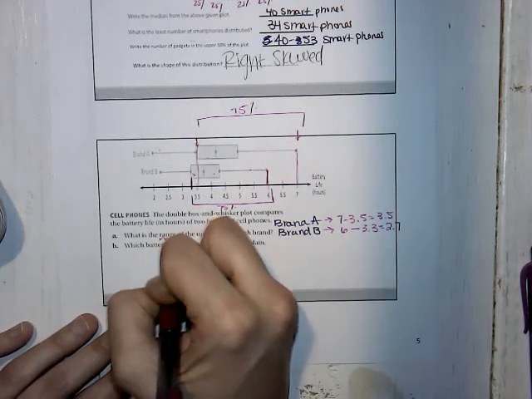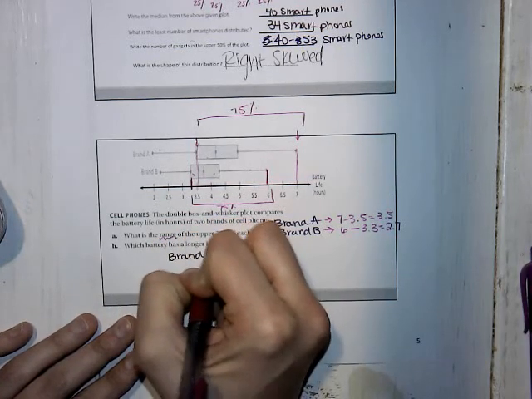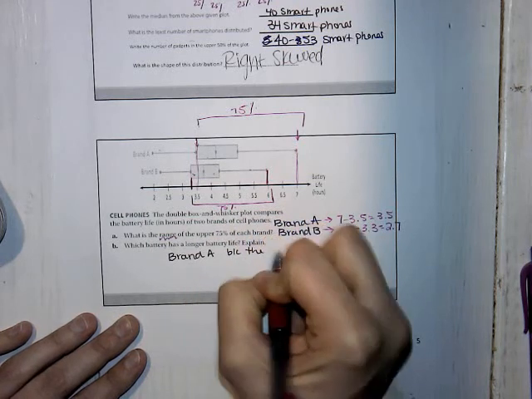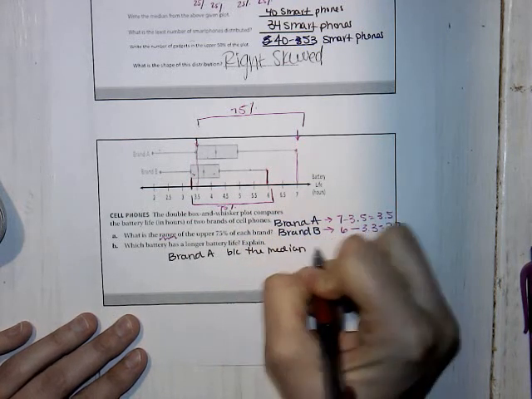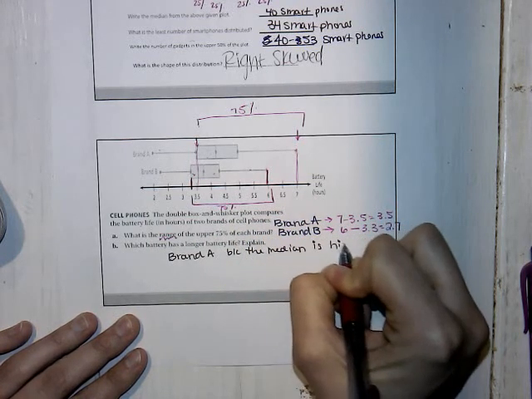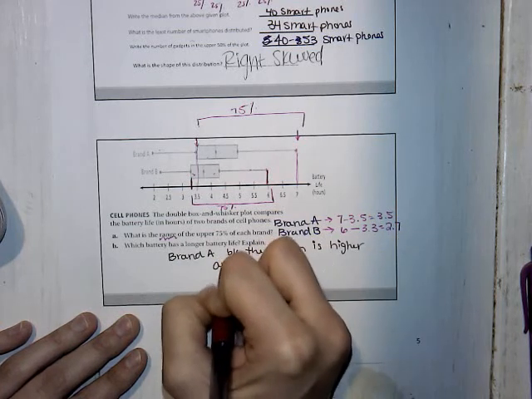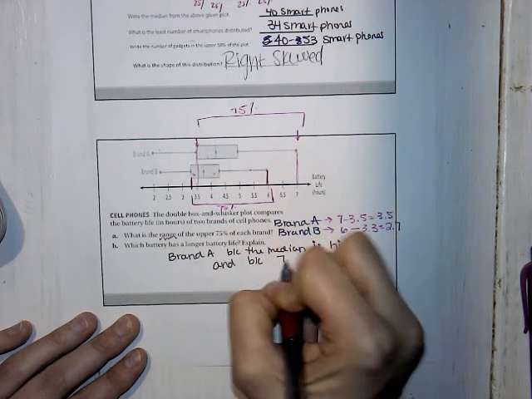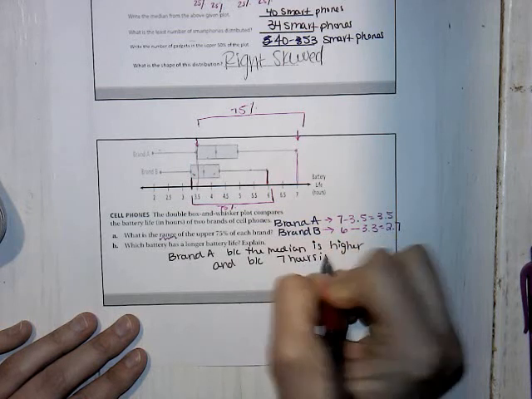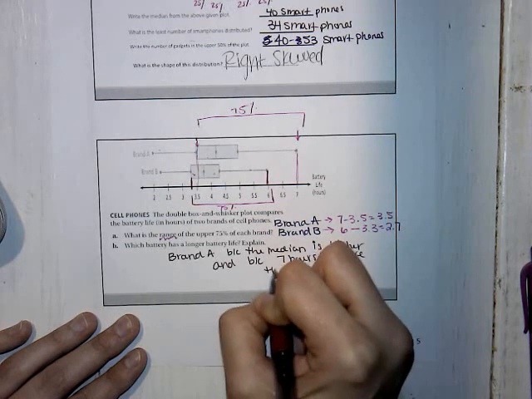So I am going to say brand A because the median is higher. And because 7 hours is more than 6 hours, which is the higher point.